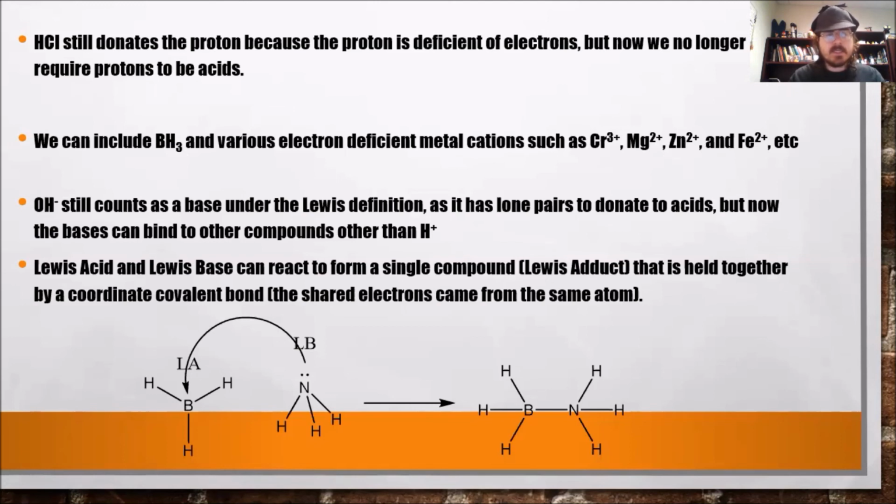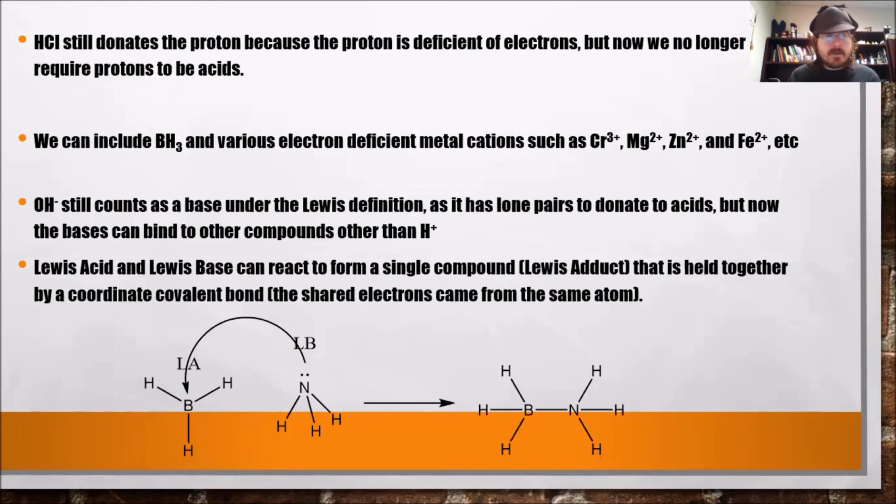It does not have an octet. So what would it want to do? It needs 2 electrons to make an octet, so it's going to want to bind with something with 2 electrons. Now, OH minus still counts as a base, but now OH minus can attack anything, not just hydrogens.